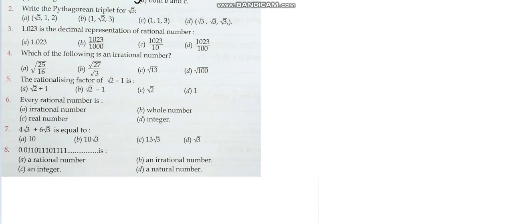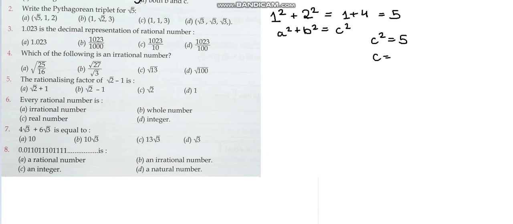So in the first option, square of 1 plus square of 2 is equal to 1 plus 4, that is equal to 5, and according to the Pythagorean triplet, a square plus b square is equal to c square, and so here we get c square is equal to 5 and c is equal to root 5. So the Pythagorean triplet for root 5 is root 5 comma 1 comma 2.